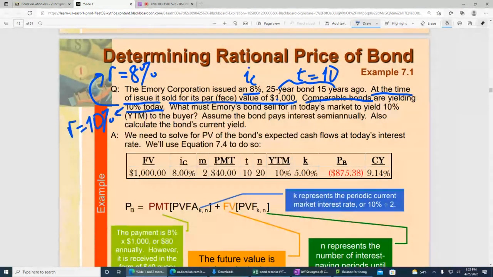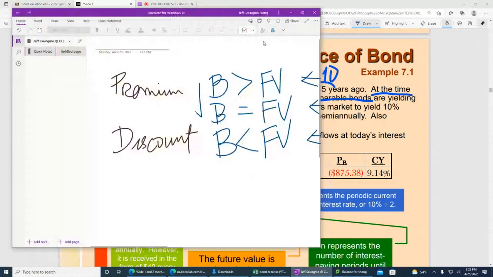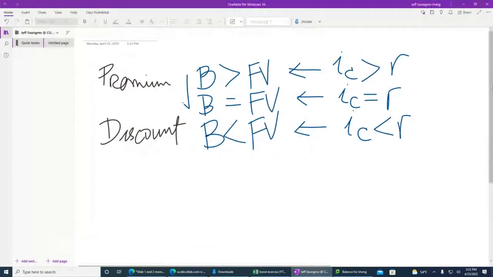So over the years, interest rate has gone up. Fifteen years ago it was 8%, now it is 10%. And I've been telling you over and over, this is one of the ways it is worded.